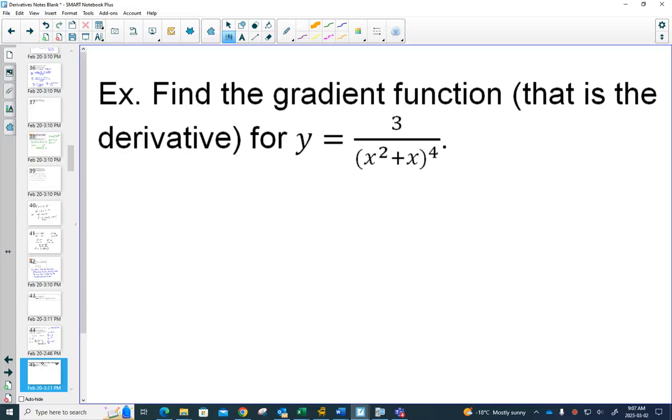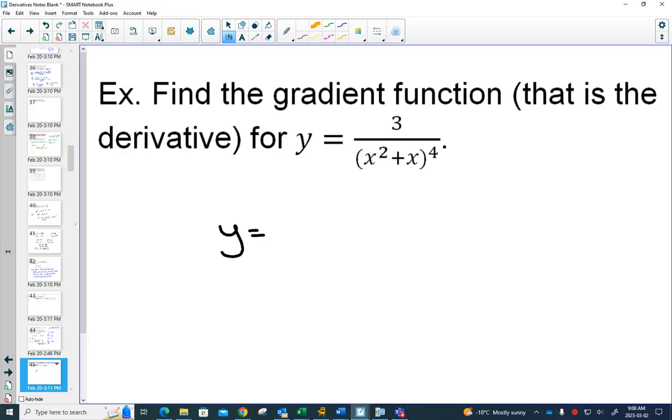We want to find the gradient function, that's another word for the derivative, for this equation. And what we're going to do for this equation is we see a quotient. So you could do a quotient rule, but on the bottom of your quotient rule, you see that you have a function inside of a function.